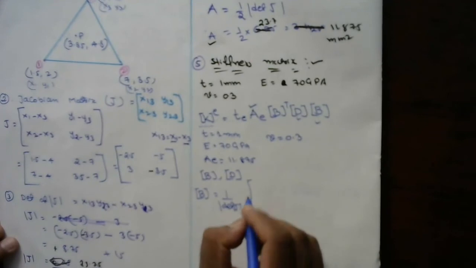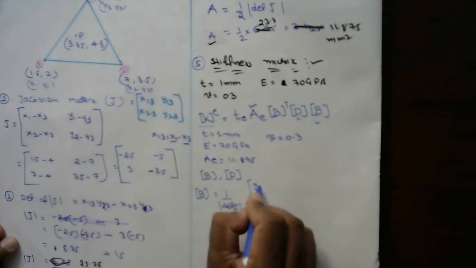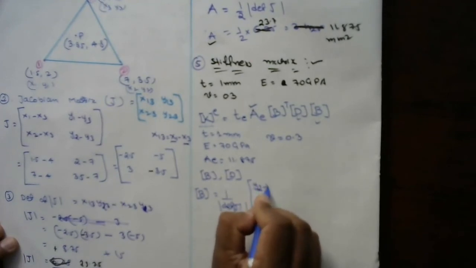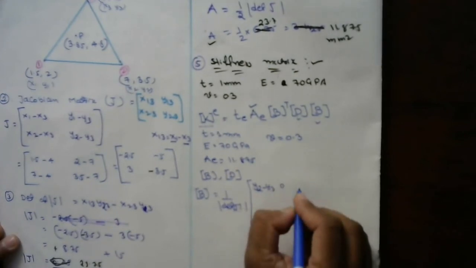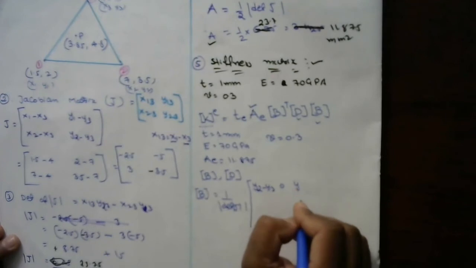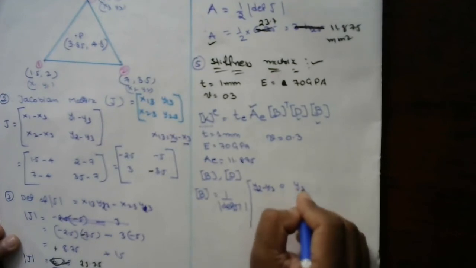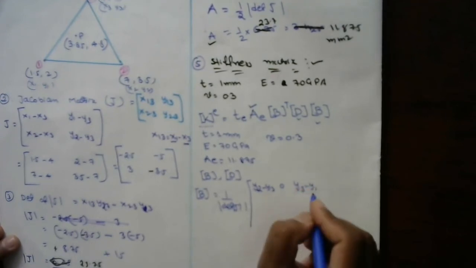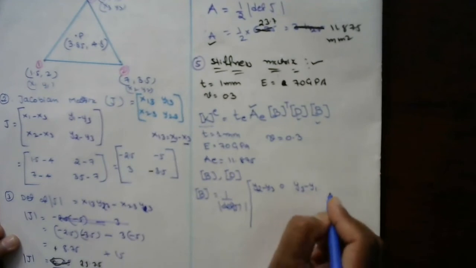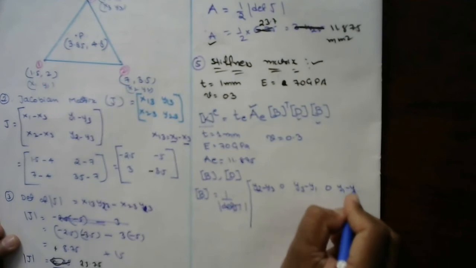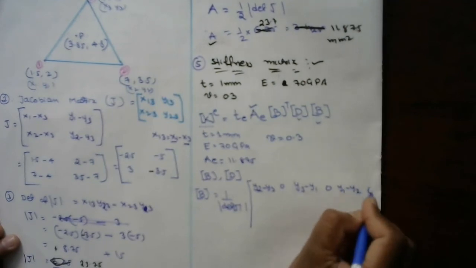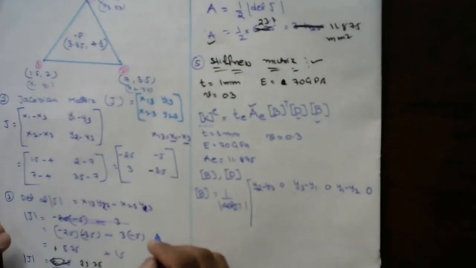That can be written as y23, nothing but y2 minus y3, and 0. And the next one is y31, nothing but y3 minus y1, 0. And the next one is y1 minus y2. And the last element would be 0. This is the first row.